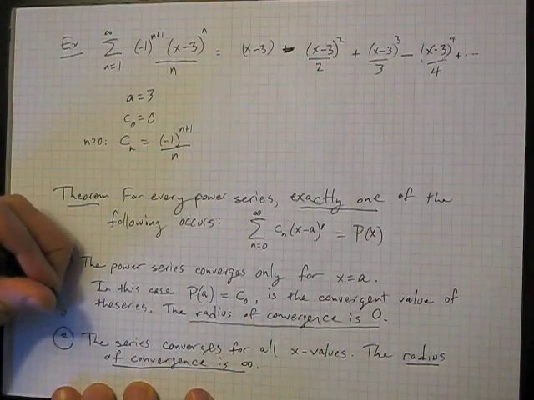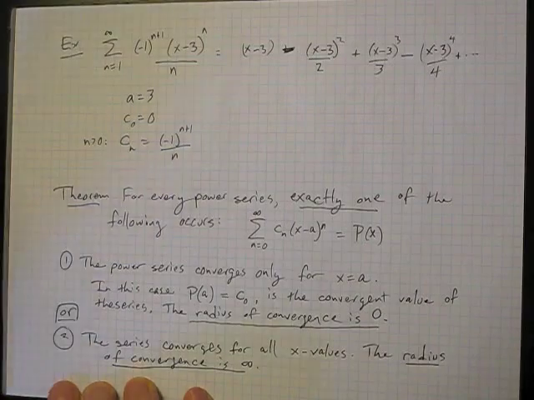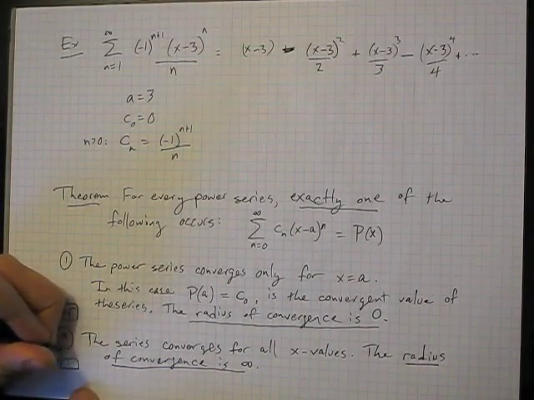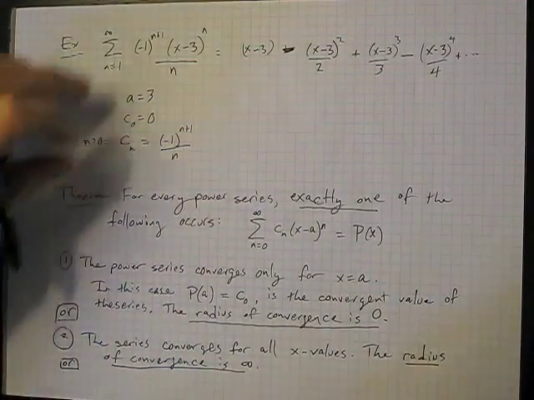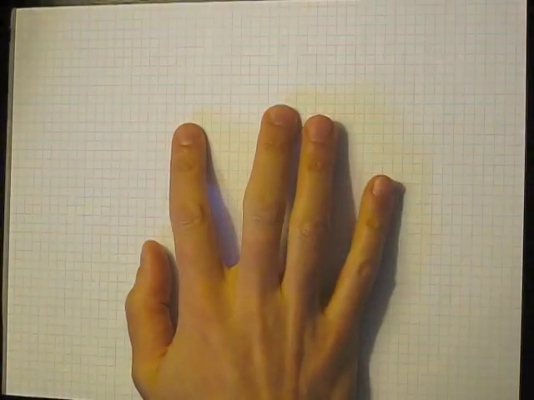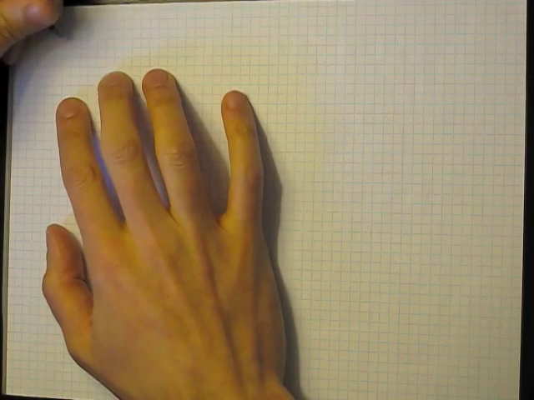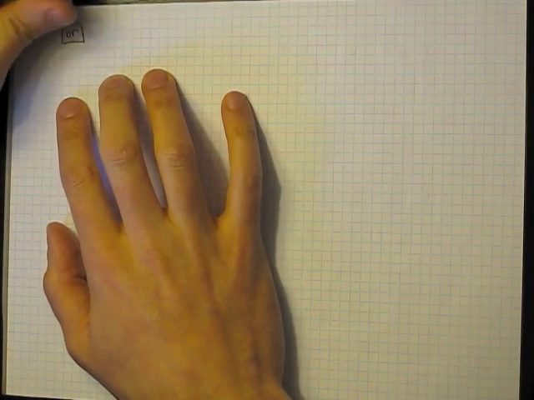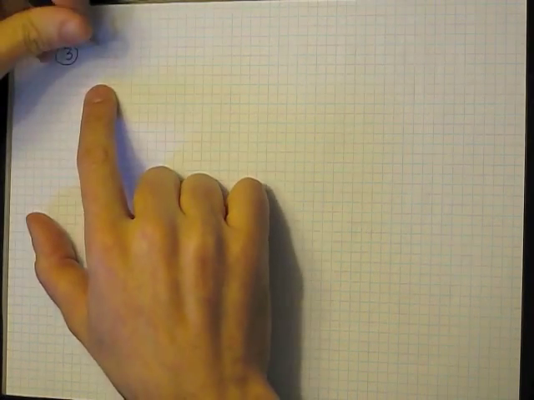So this is 1 or 2, and then there's an or, and we have to do 3 on the next page. So there's one other circumstance, or, so this is or 3.